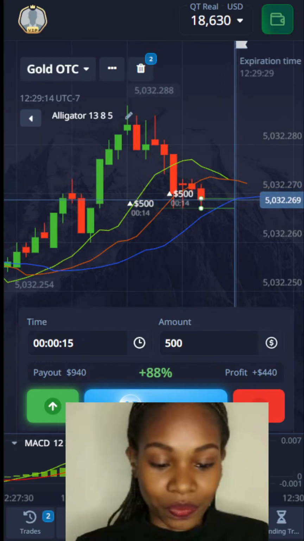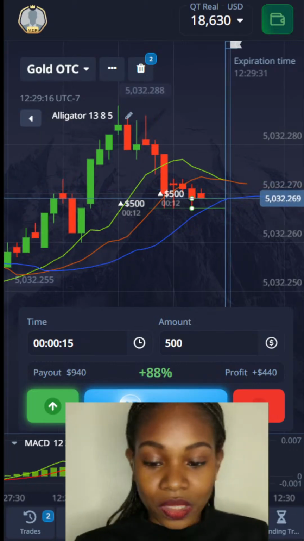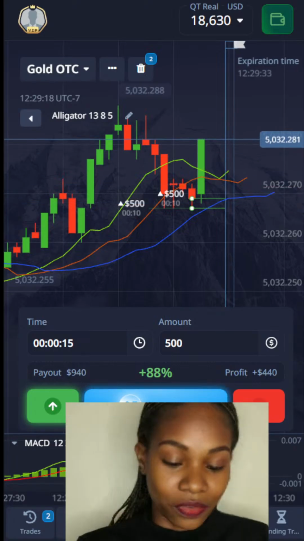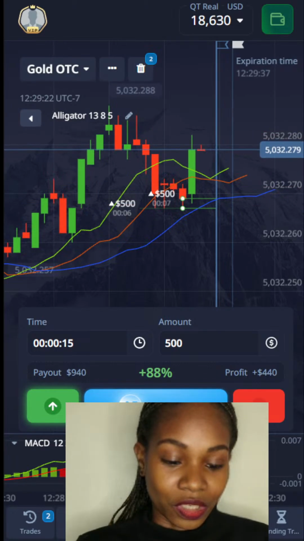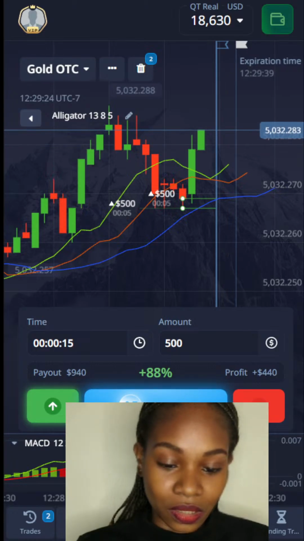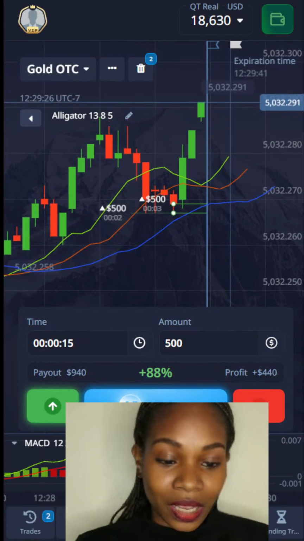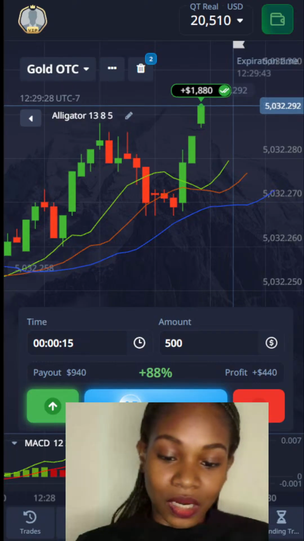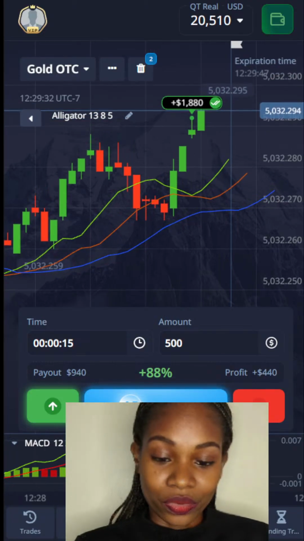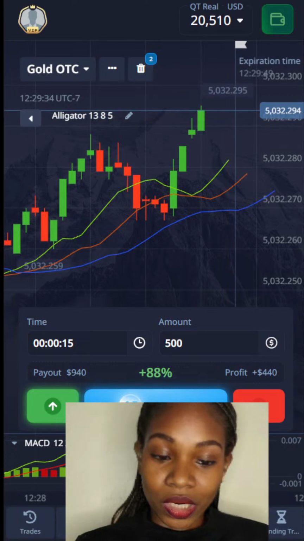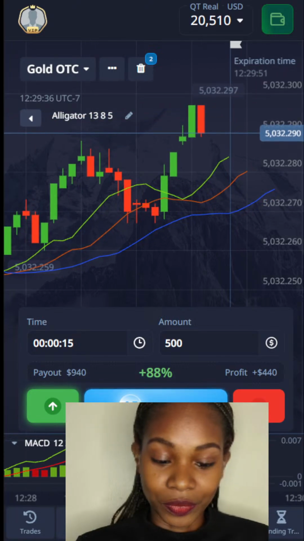Those are the few things I can talk about these indicators. Of course, I've talked about their settings and how they are used, but get some time, go through them on your own, in your own free time.